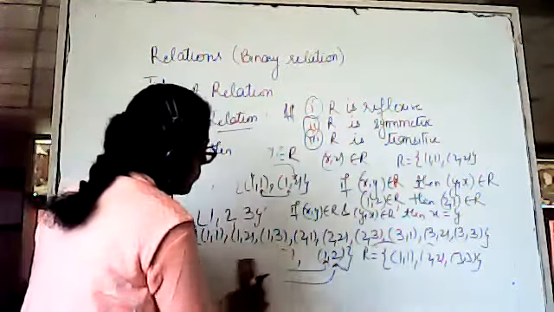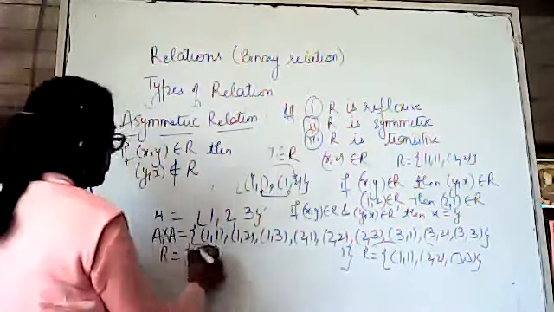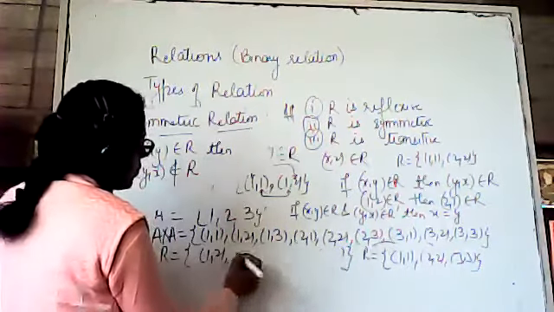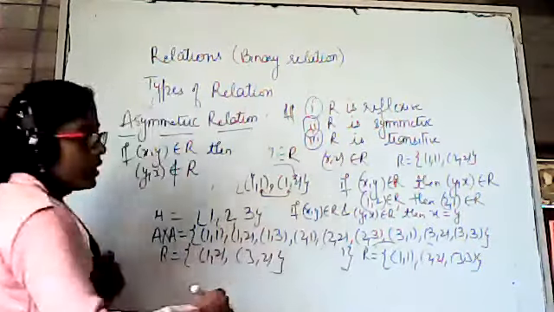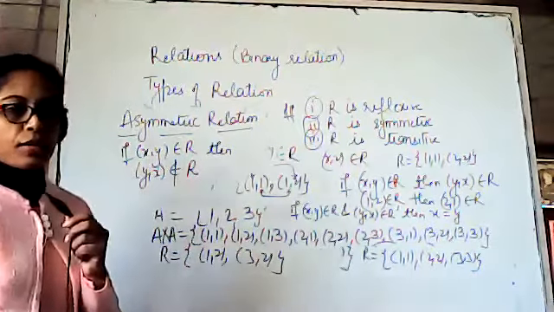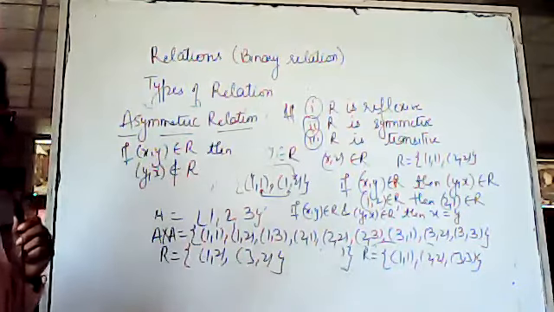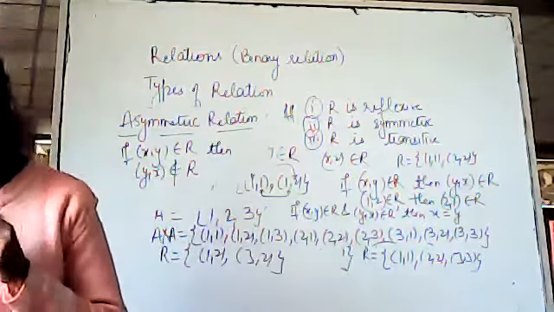If we are having 1, 2, then 2, 1 must not be in the set. If we are having 3, 2, then 2, 3 will not come. So this is called asymmetric relation.